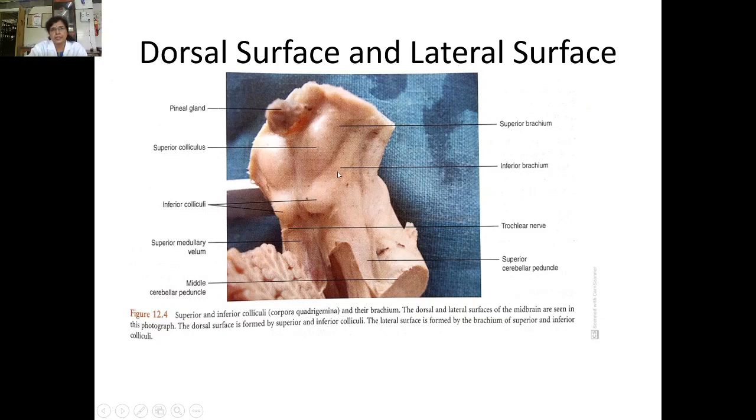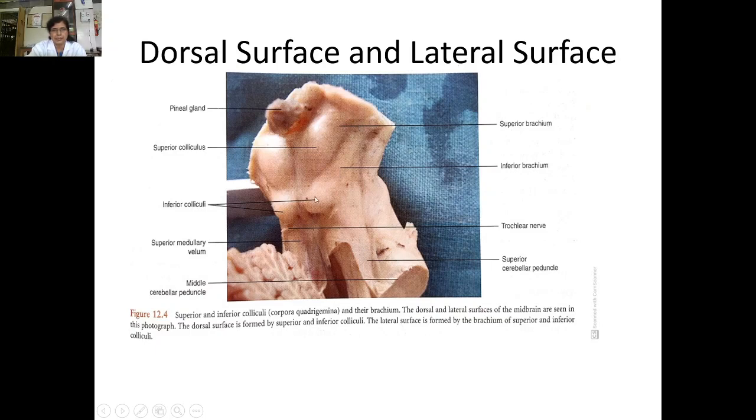Now the lateral surface of the midbrain presents two thick bands of white matter, the superior band and the inferior band. The superior band of white matter is called the superior brachium or brachium of the superior colliculus, and this upper thick band connects the superior colliculus with the lateral geniculate body.